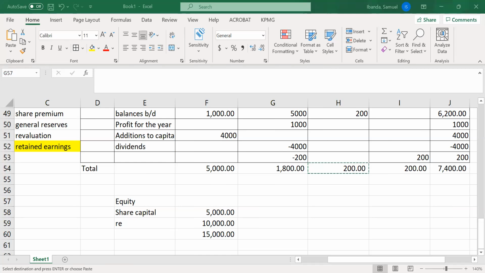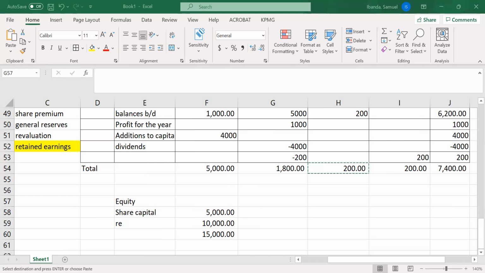Now, we know very well that some of the changes that can happen to partnerships is that partnerships can admit a new partner. They can also go ahead to wind up. And in most cases, when they admit a new partner, they do what we call a revaluation of their assets. They revalue their assets.